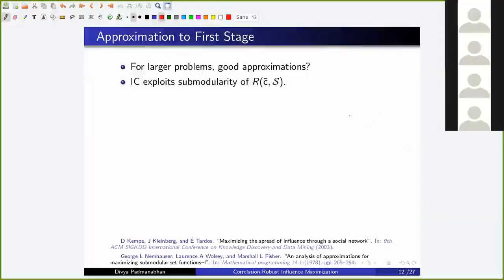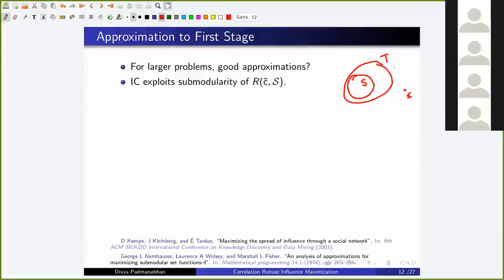So just for those who are not familiar with submodularity, what it means is that if you have a set S and a larger set T, and you're trying to bring in a new element X, and there's a function which you are using to evaluate the goodness of these sets, then bringing X to S gives you a greater contribution than bringing X into T. So it's sort of like the diminishing returns concept.